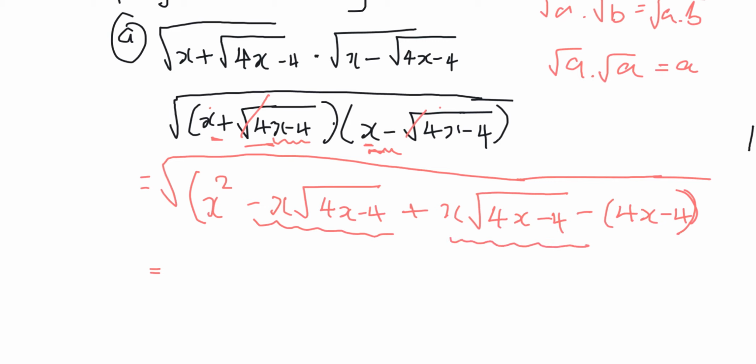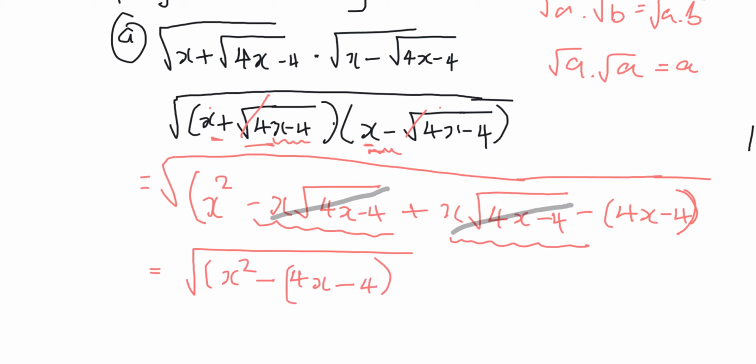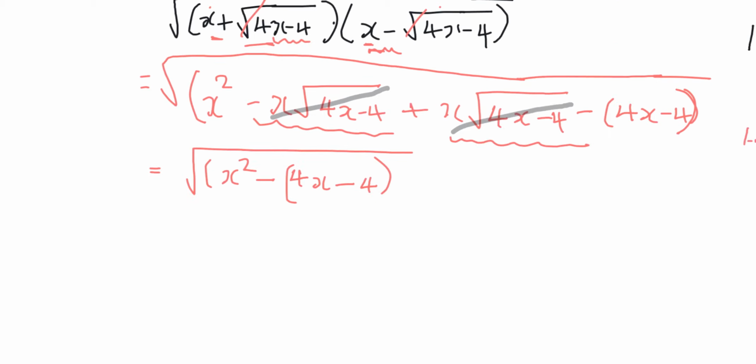What is going to happen here is that this is going to cancel this. If that cancels that, you are going to be left with x squared, subtract 4x, subtract 4, in brackets. To continue, you multiply with this negative here.